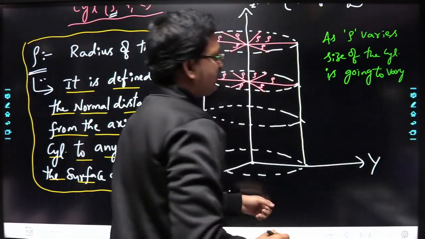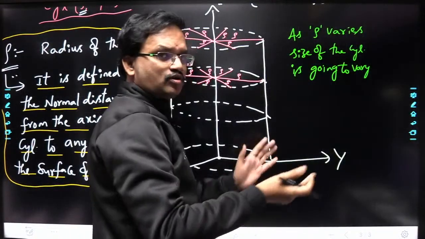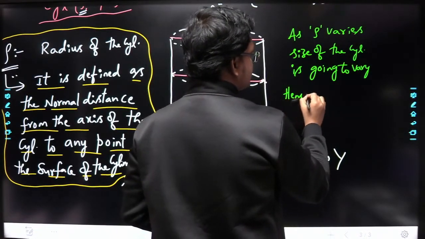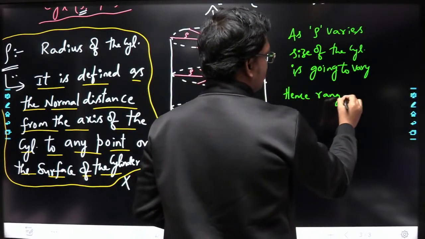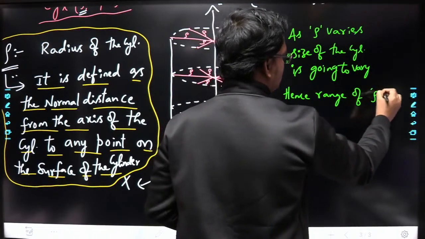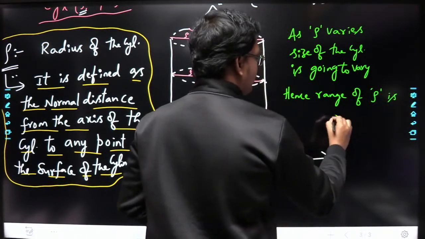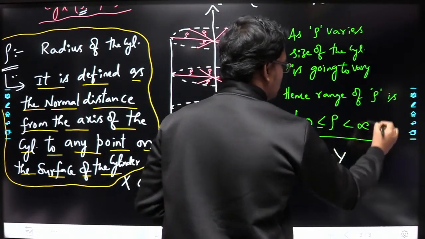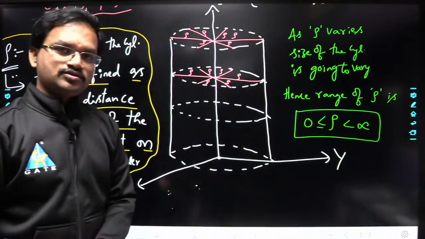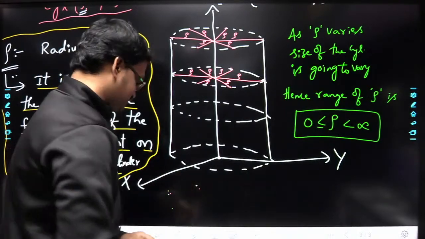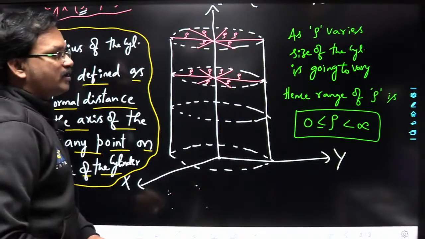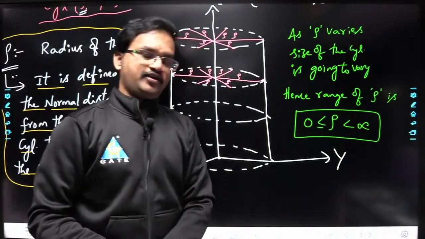You can vary the size of the cylinder from 0 to infinity, and hence the range of rho is going to vary from 0 to infinity. Range of rho is from 0 to infinity.